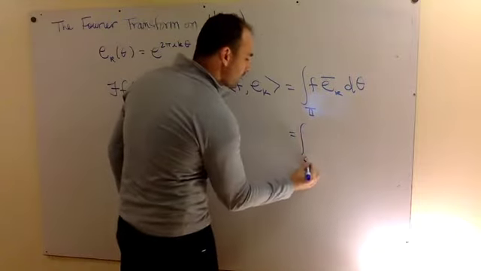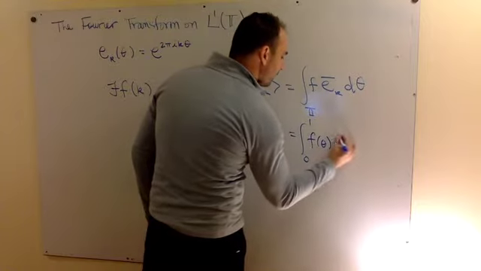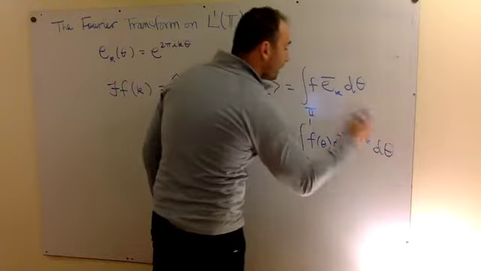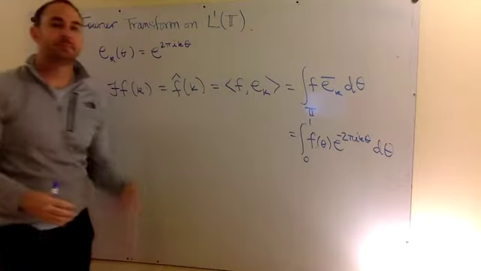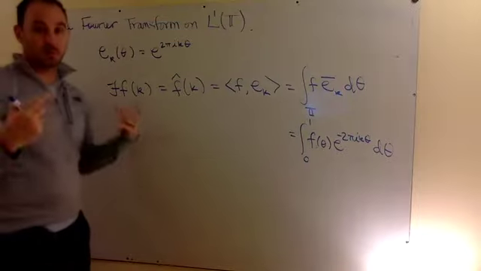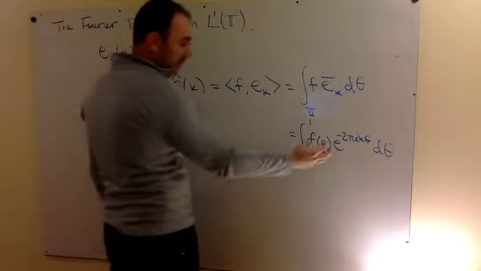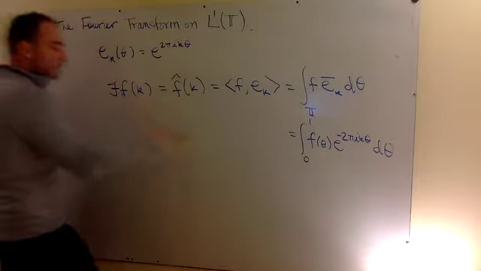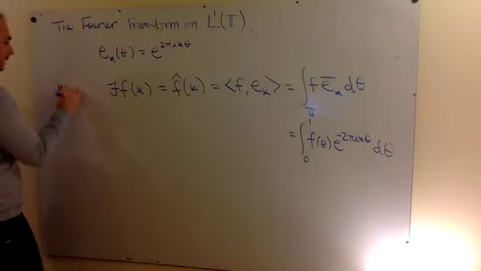So this is actually the integral from 0 to 1 of f of theta e to the minus 2 pi i k theta d theta. The minus comes from the fact that I'm doing the inner product, so I have to have a bar over that. And that is the Fourier transform. And so it takes an L2 function, that's the way we define it in terms of our Hilbert spaces, and it gives out a sequence, for k in Z.